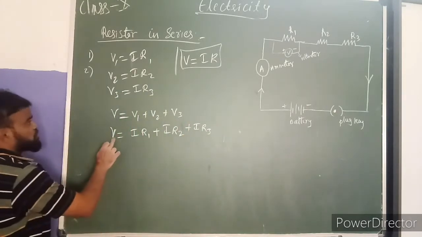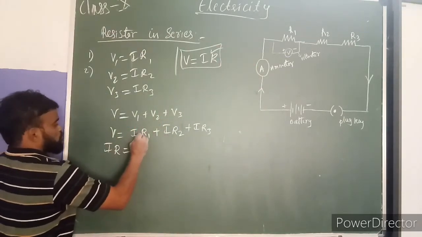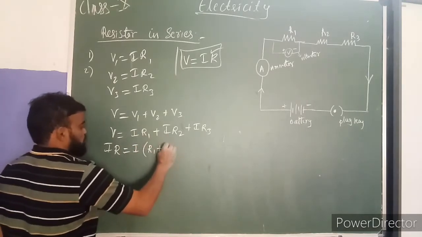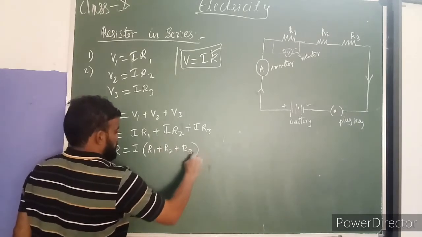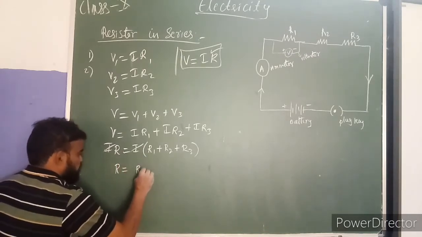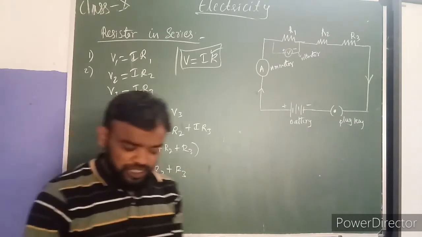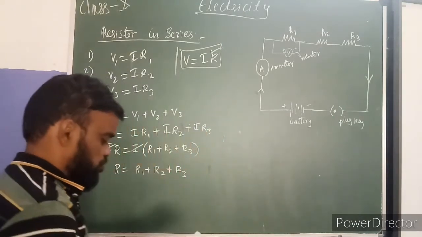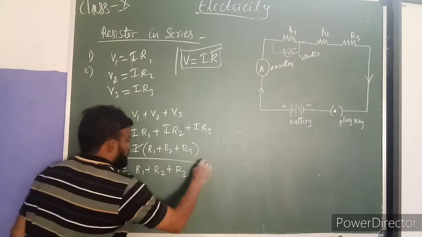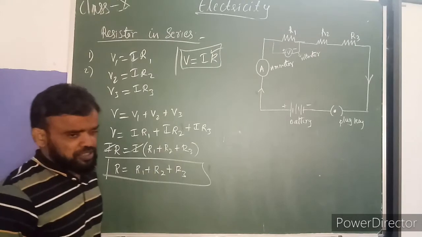Taking I common, I into R is equal to I into R1 plus R2 plus R3. I cancels on both sides, and the resistance R is equal to the sum of the three resistances, R1 plus R2 plus R3. This is in series.